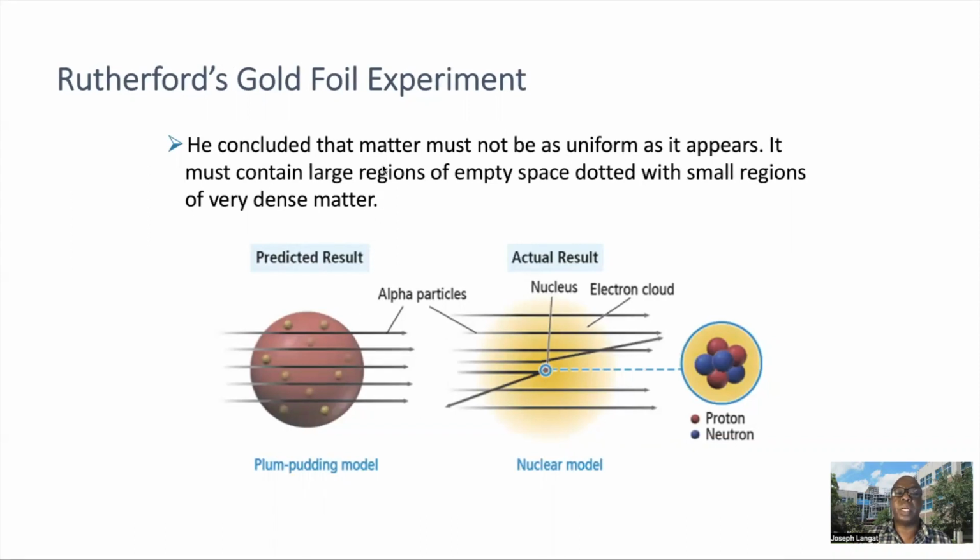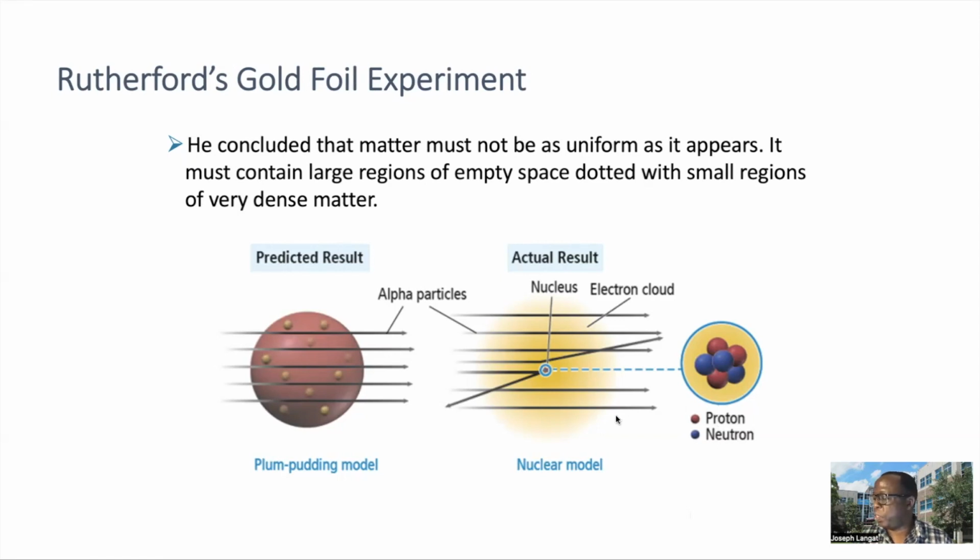He concluded that matter must not be as uniform as it appears. It must contain a large region of empty space dotted with a small, very dense region we call the nucleus. In the nucleus, we have protons and neutrons.